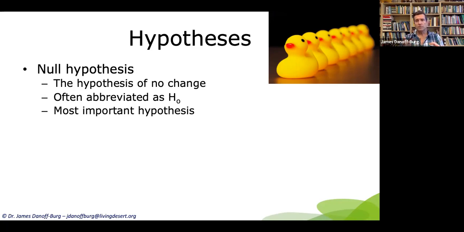And for many people, statisticians especially, we say that the null hypothesis is the most important hypothesis, which may not make sense, because saying that the hypothesis of no change is the most important one, well, from a statistics perspective, we need to first disprove the null hypothesis, right?